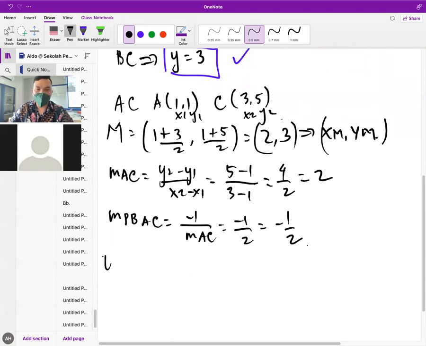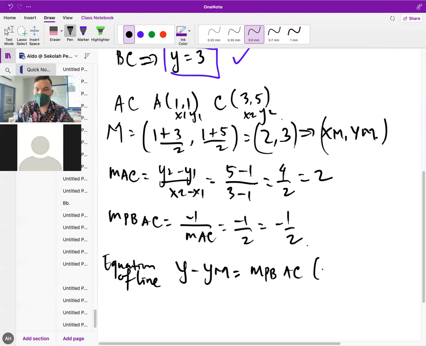Therefore, the equation of the line is y minus ym is equal to m, the gradient of the perpendicular bisector of AC, times x minus xm.